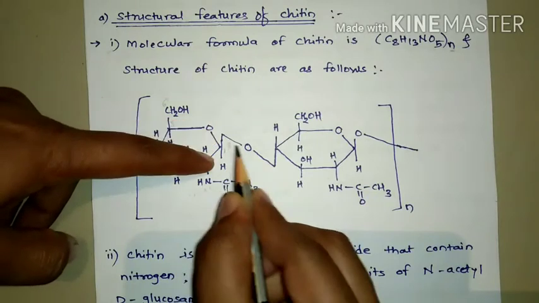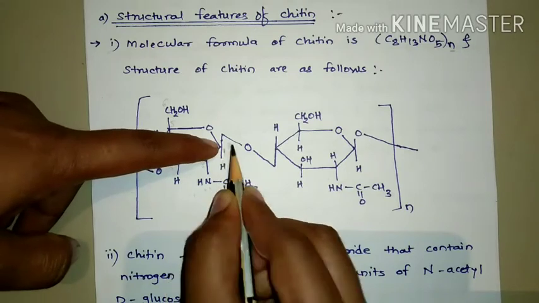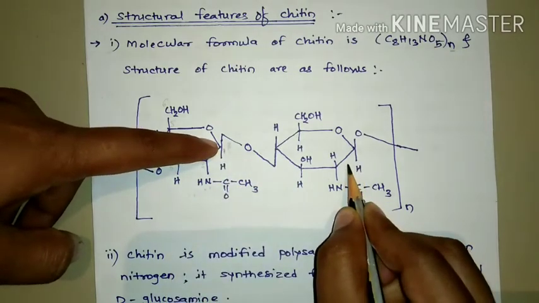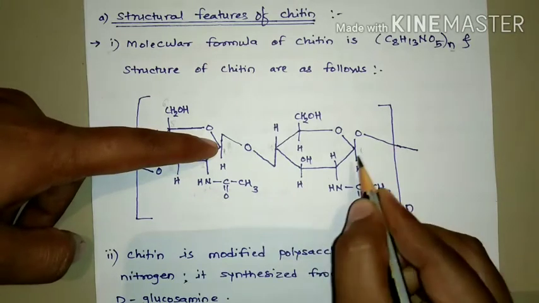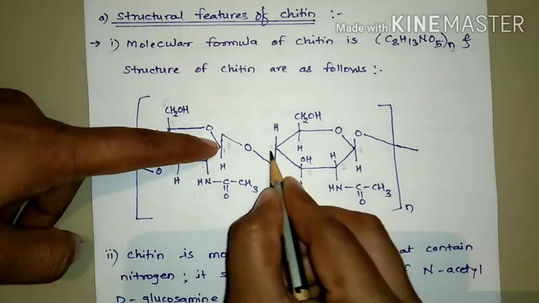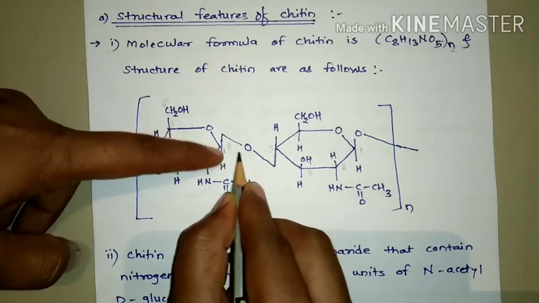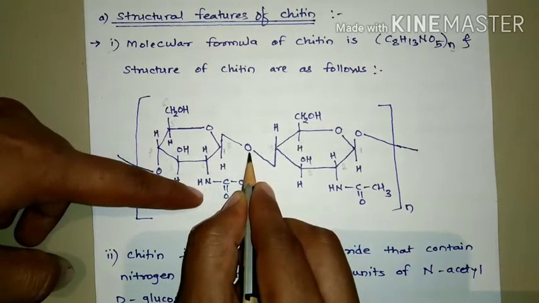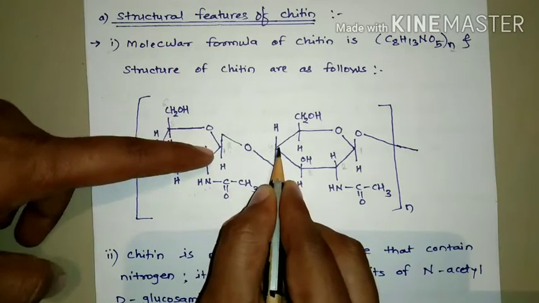So beta 1,4: here is position number 1 of this carbon, and in the other unit this position number is 4, because here is first position, second, third and fourth. So 1,4 is the linkage through oxygen. Oxygen is the middle atom present between these two carbons.